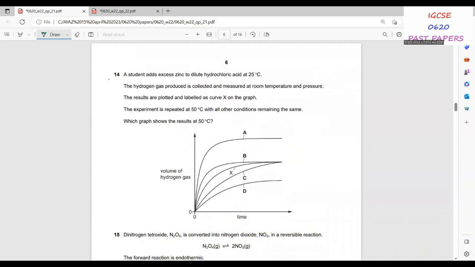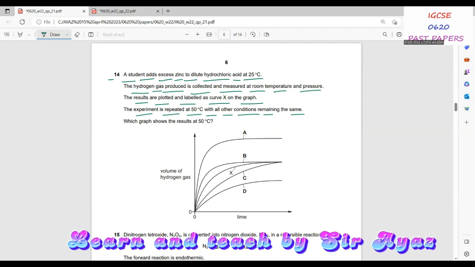Number 14. A student adds excess zinc to dilute hydrochloric acid at 25 degrees centigrade. The hydrogen gas produced is collected and measured at room temperature and pressure. The results are plotted and labeled as curve X on the graph. The experiment is repeated at 50 degrees centigrade with all other conditions remaining the same.